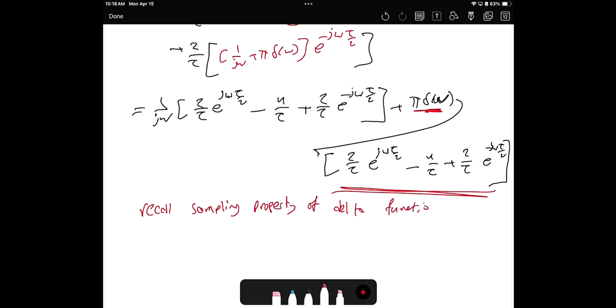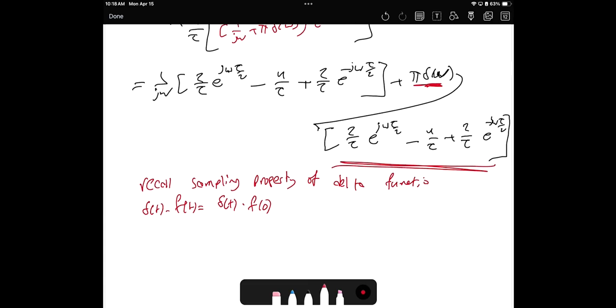We used to say before, when we have delta of t times f of t, this equals delta of t times f of 0. Do you remember this, the delta function? That was in the time domain.